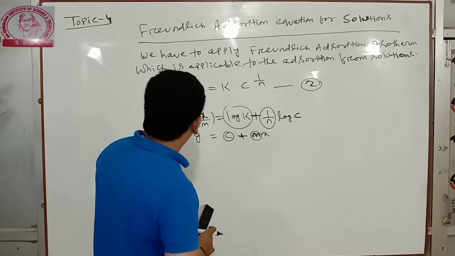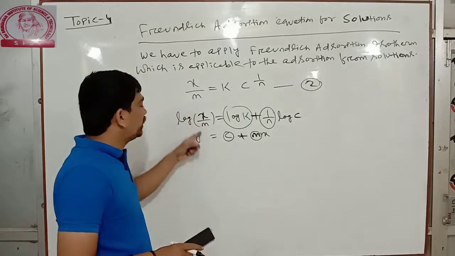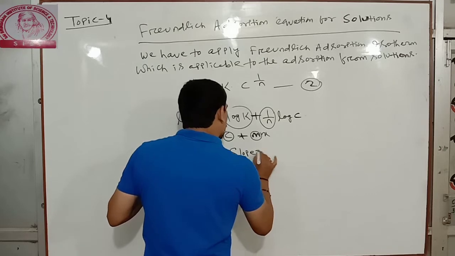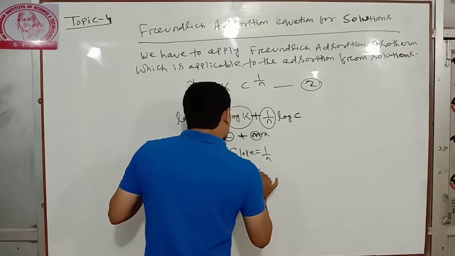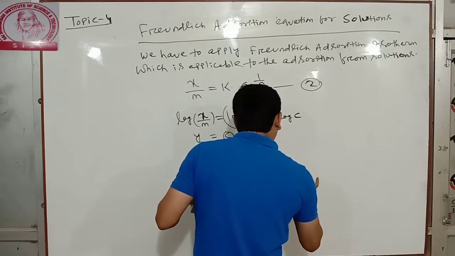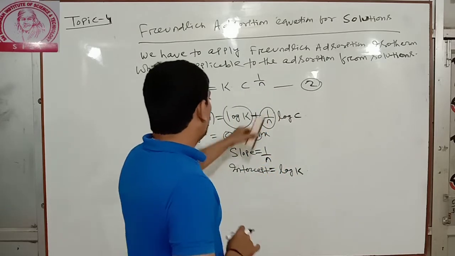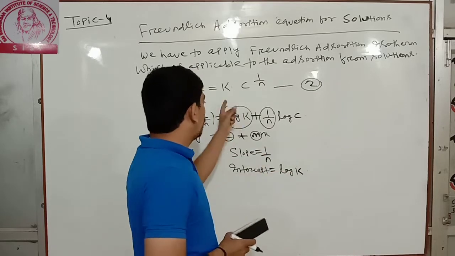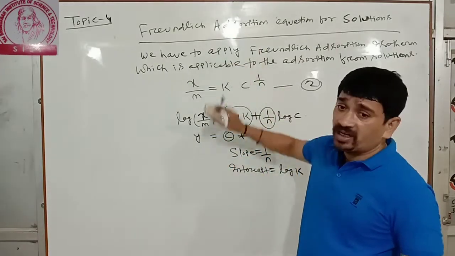If we plot a graph of log x by m versus log c, slope equals 1 by n and intercept equals log k. Clear? So this is all about the Freundlich adsorption isotherm.